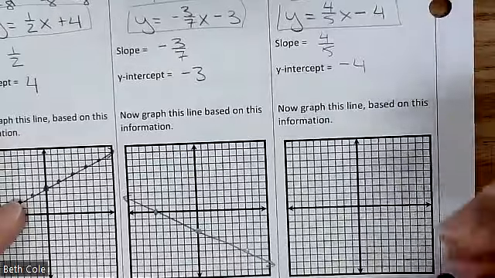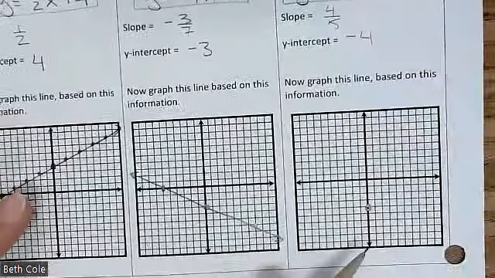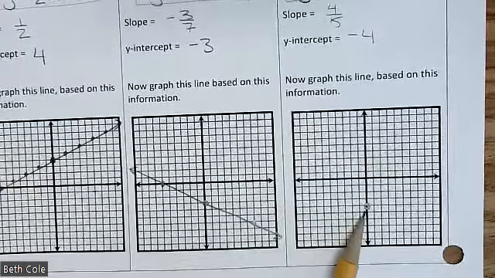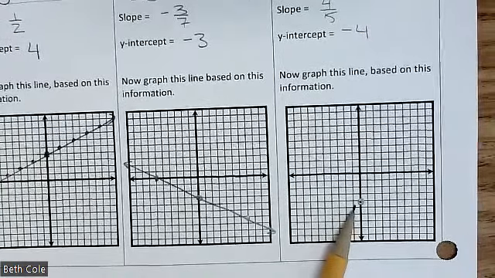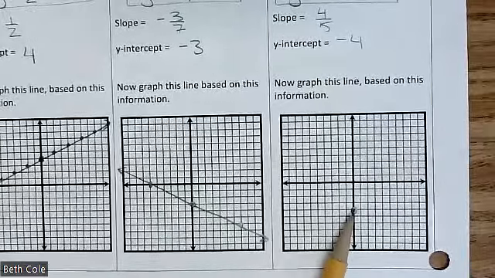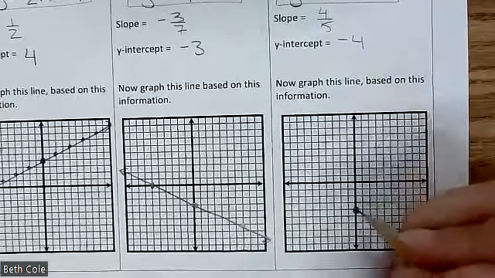So you're gonna start out, go down 4, put a point, that's your y-intercept. Right there. And then using words like up, down, left, right. Good. Up 4, right 5.